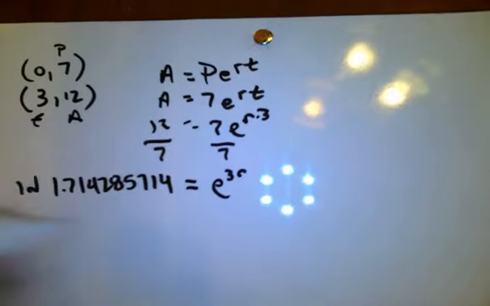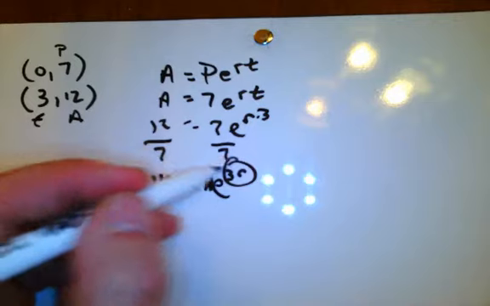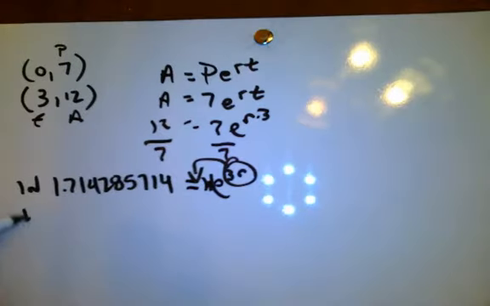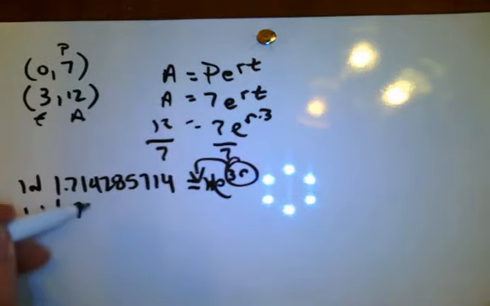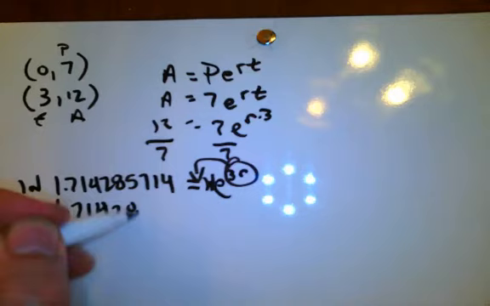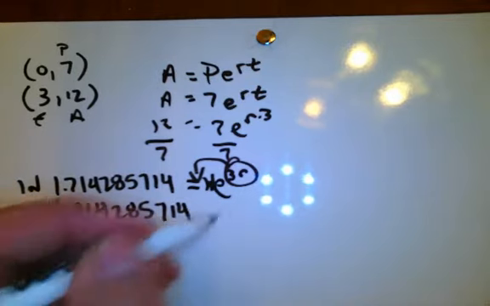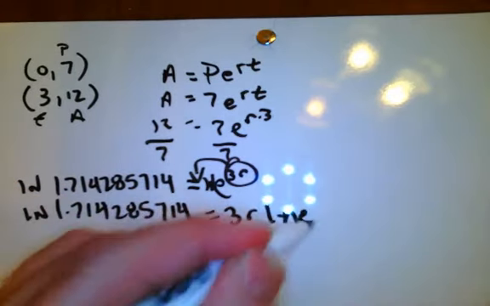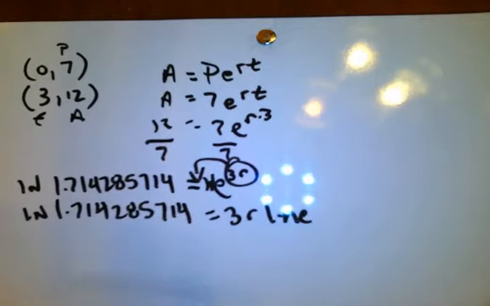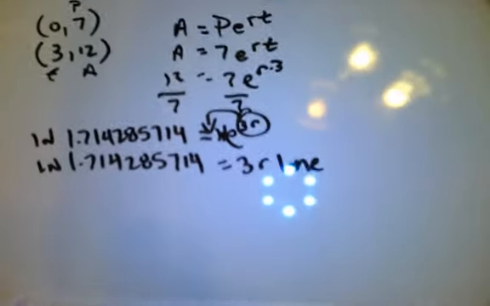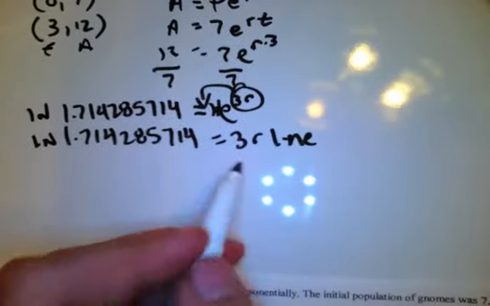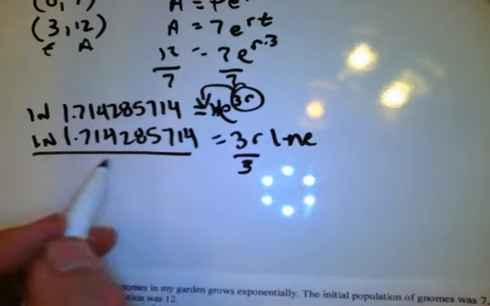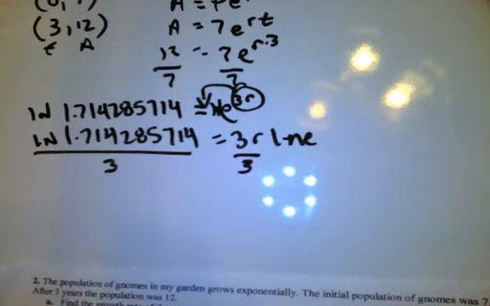So now I need to take the ln of both sides so I can bring this power down in front. ln 1.714285714 equals 3r. ln of e, remember the ln of e is 1, so we don't need to be worried about that anymore. We just need to divide both sides by 3 to get r by itself.